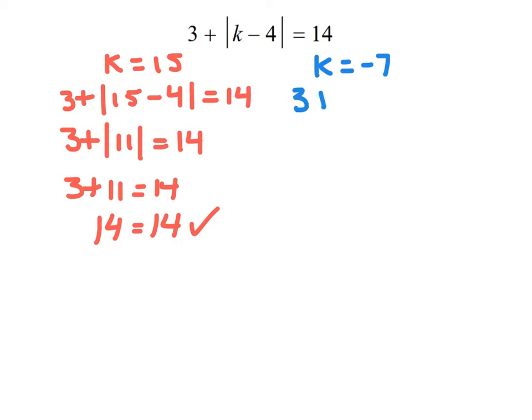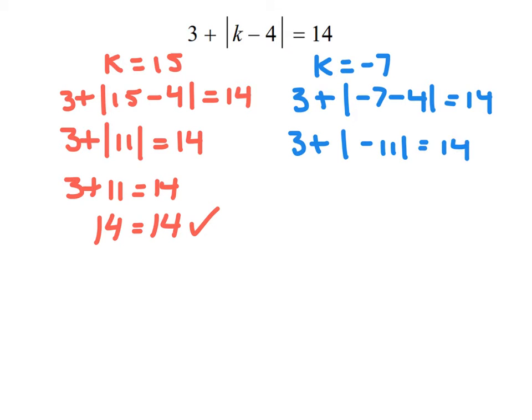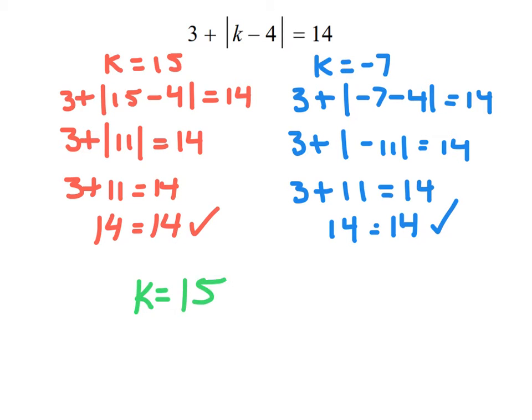So we get 3 plus the absolute value of negative 7 minus 4 equals 14. Simplify, so we have 3 plus the absolute value of negative 11 equals 14. Becomes 3 plus positive 11 equals 14. Then we end up with 14 equals 14. So this means that the solution is that k equals 15 and negative 7.